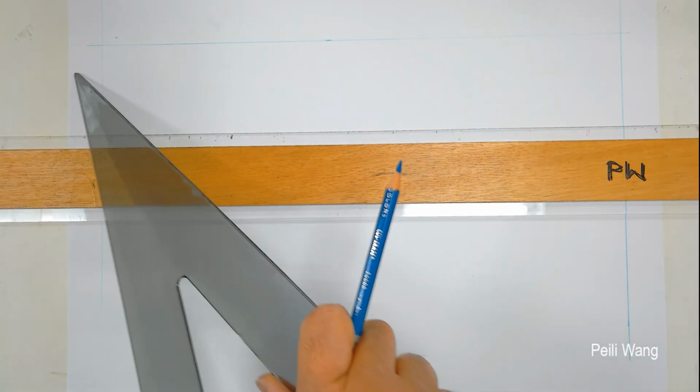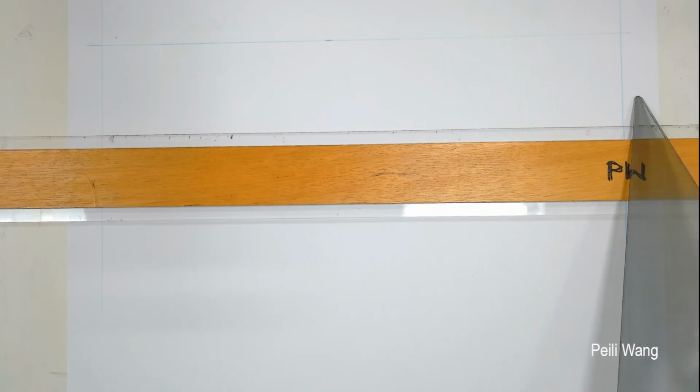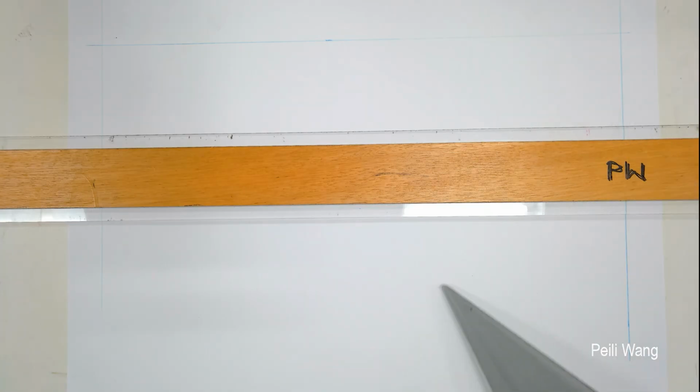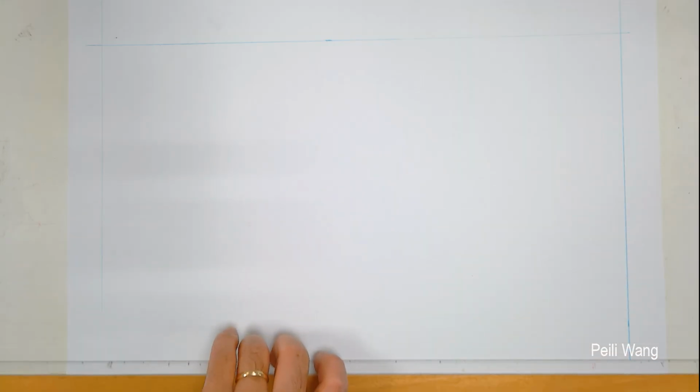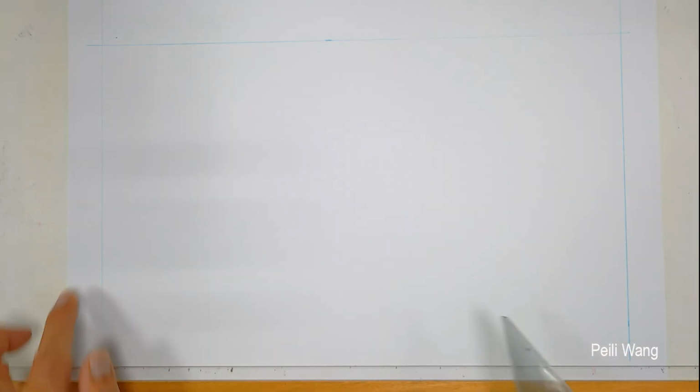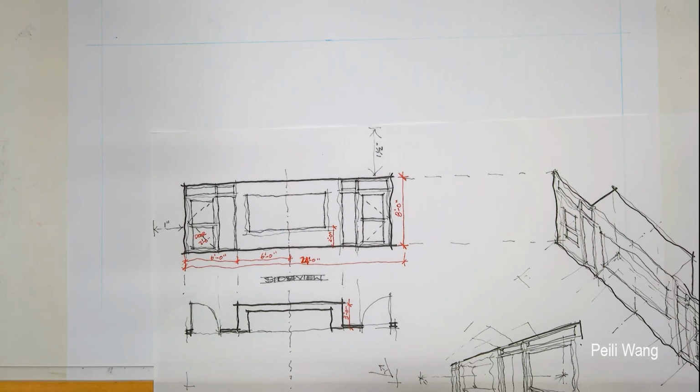No touch here, no touch here, 1.5, no touch here. So the bottom, you can see the bottom which we're working on later. So you can draw from here. Good.